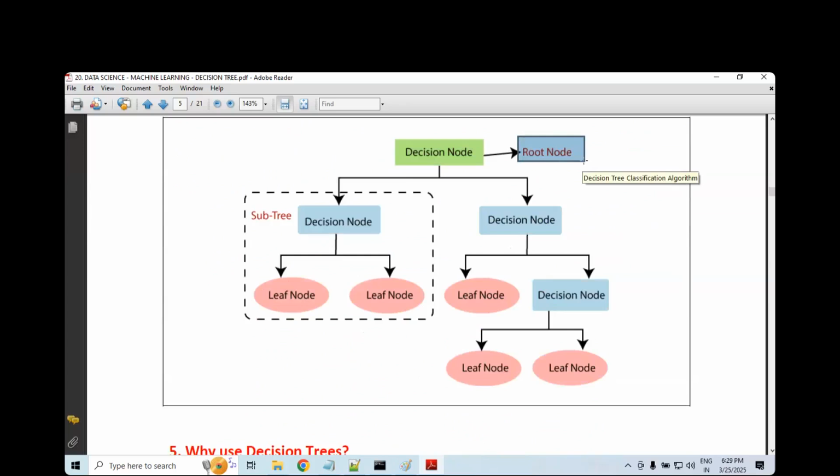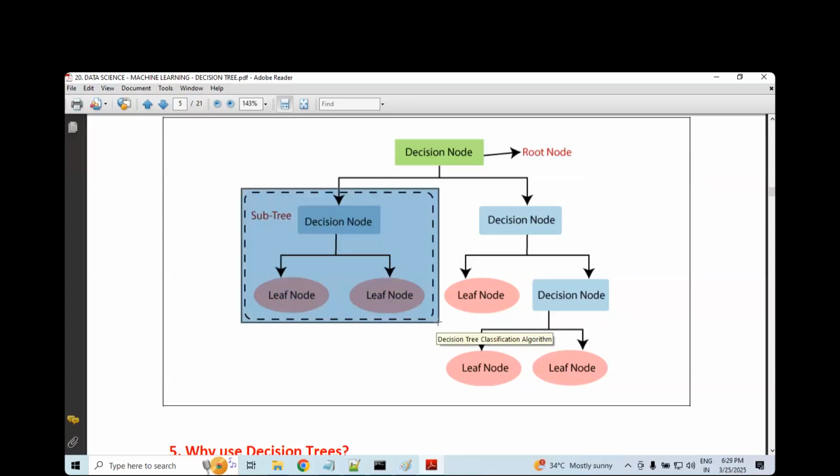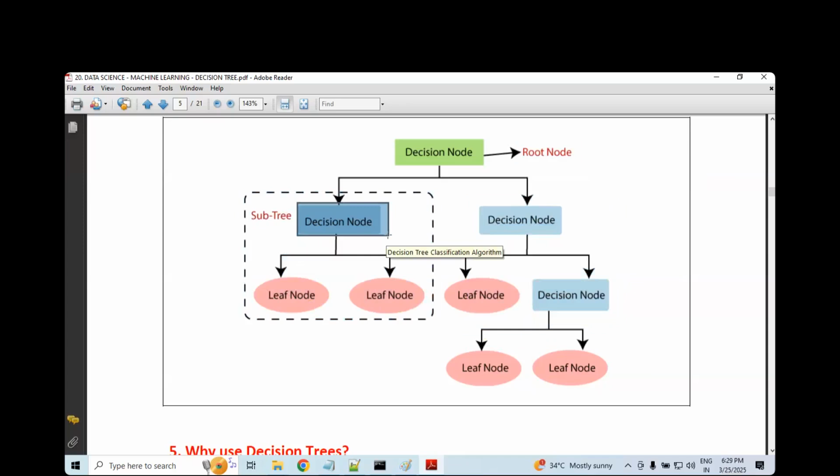Then from here to here is called a subtree, and from here to here is again a subtree. Is this a decision node? Yes, because from there we can still extend. And this one has no extension, so it is a leaf node. First, this you need to remember.